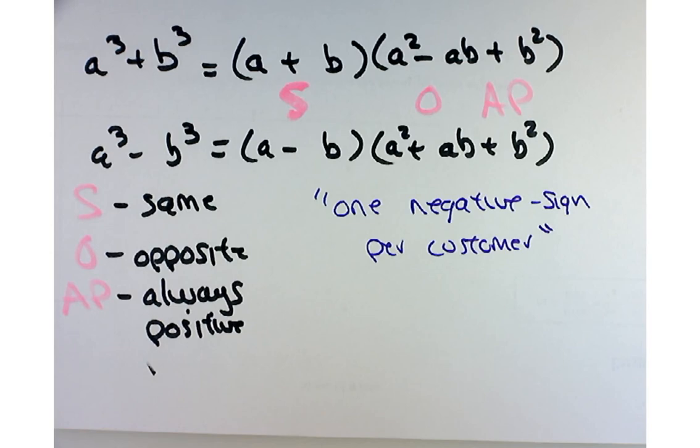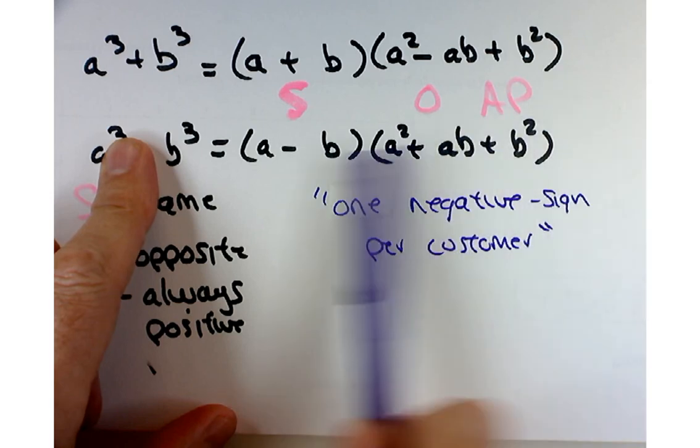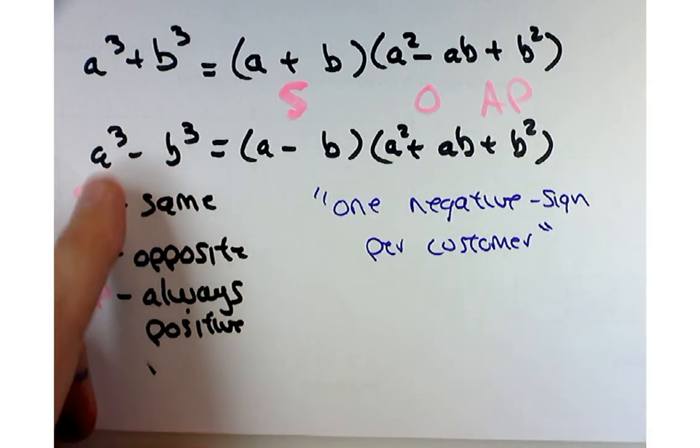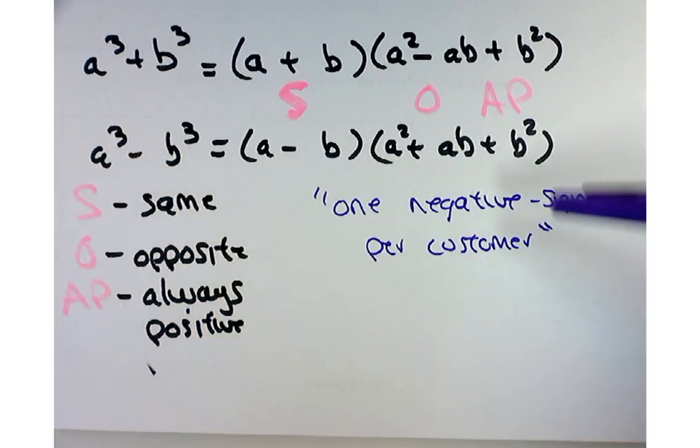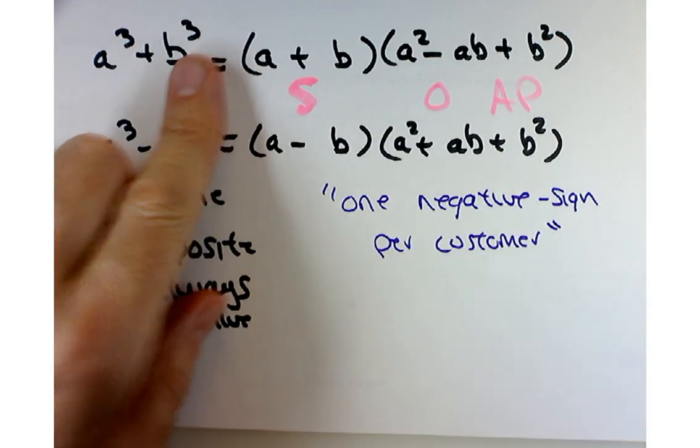I catch more mistakes with this than I do with the other one. Because if you write something with no negative signs, or 2 negative signs, or 3 negative signs, you know there's a mistake. It has to have exactly 1 negative sign to the right of the equal sign.